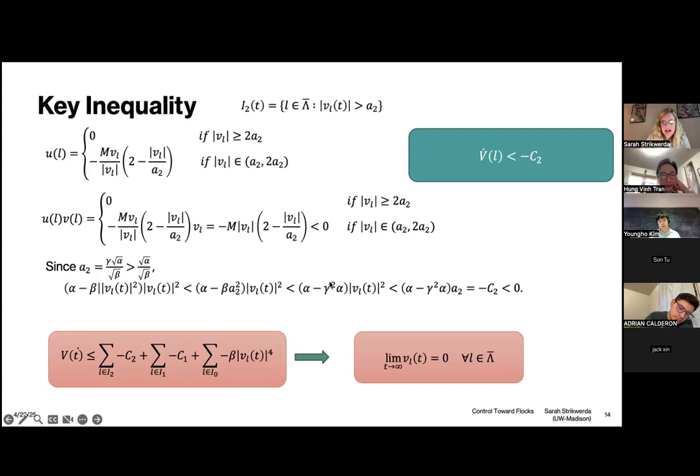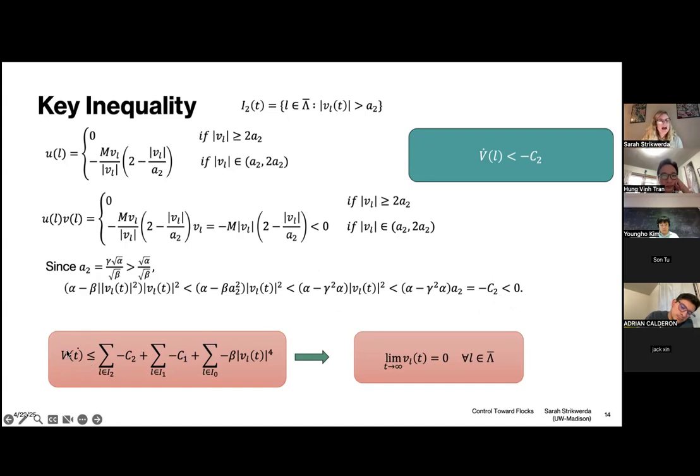And then we can plug in this expression, where now our beta A2 squared can be replaced with this gamma squared alpha. And then we can also use this quantity on the A2 again, the fact that the VLs are greater than A2. And so this is equal to this negative constant, which is less than 0.